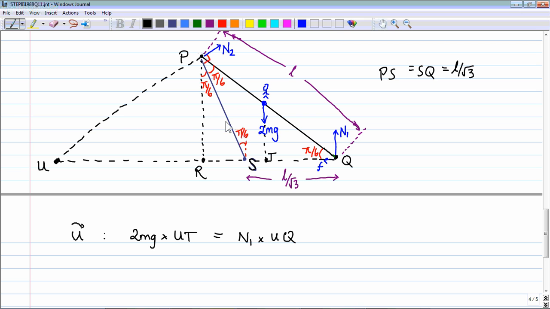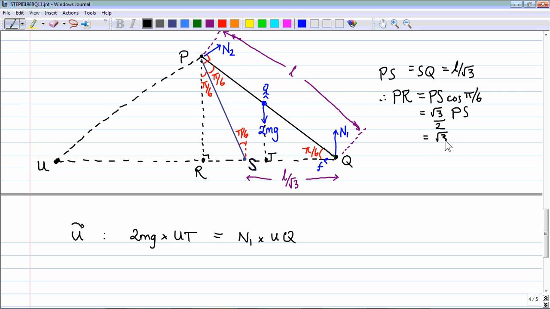So what about the length PR? If we consider the right triangle SRP, we see that PR is PS cosine pi over 6. So that's root 3 over 2 PS.